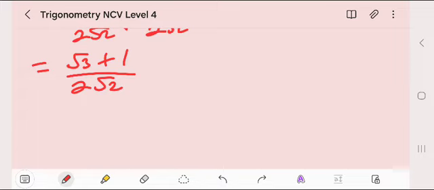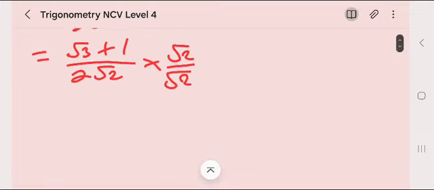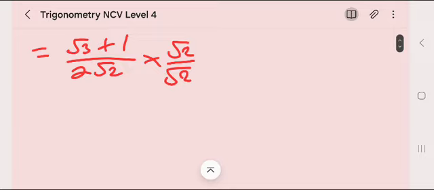So here I will multiply by square root of 2 to eliminate the square root. What you do in the bottom, you also do on the top. What you do on the left-hand side, also do on the right-hand side. It's just a rule of maths.